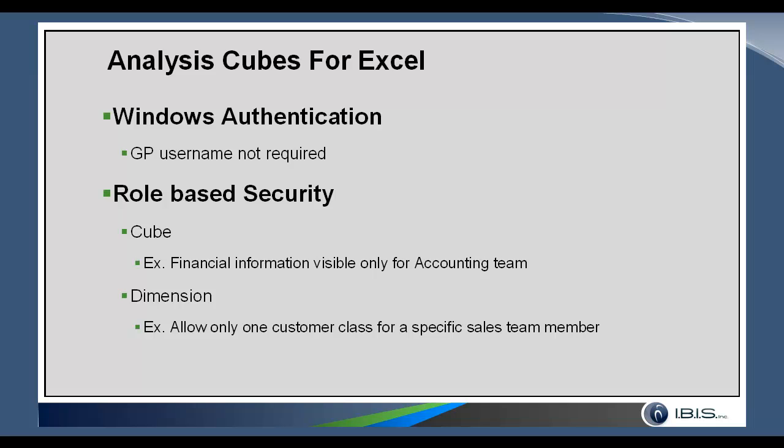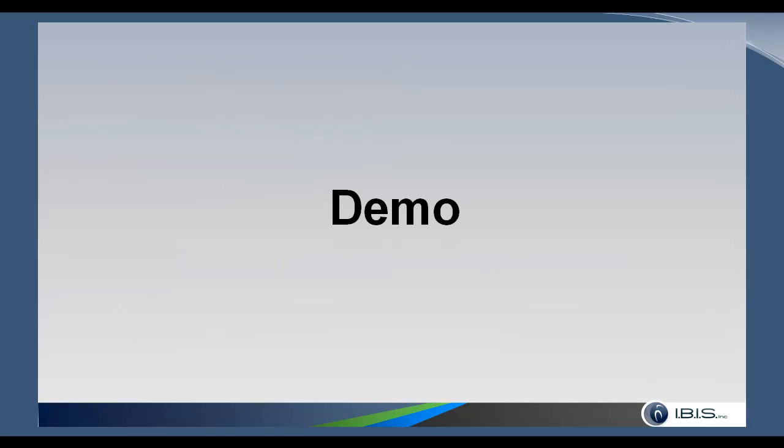You can also limit the dimensions, for example, companies. Since the Analysis Cubes are going to consolidate all of the GP databases, you'll see every company. If a certain user is not supposed to see the transactions in one company, you can limit them within the cubes themselves. So I'm going to show you a few things now.